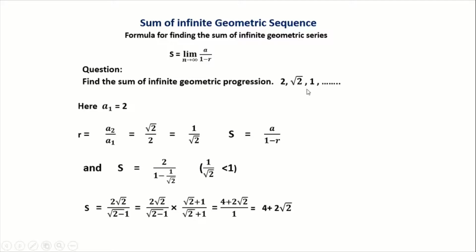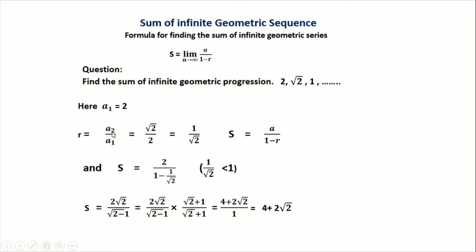How do we get that R, which is called the common ratio? It is A2 over A1, or A3 over A2: any term divided by the previous term gives the value of R.